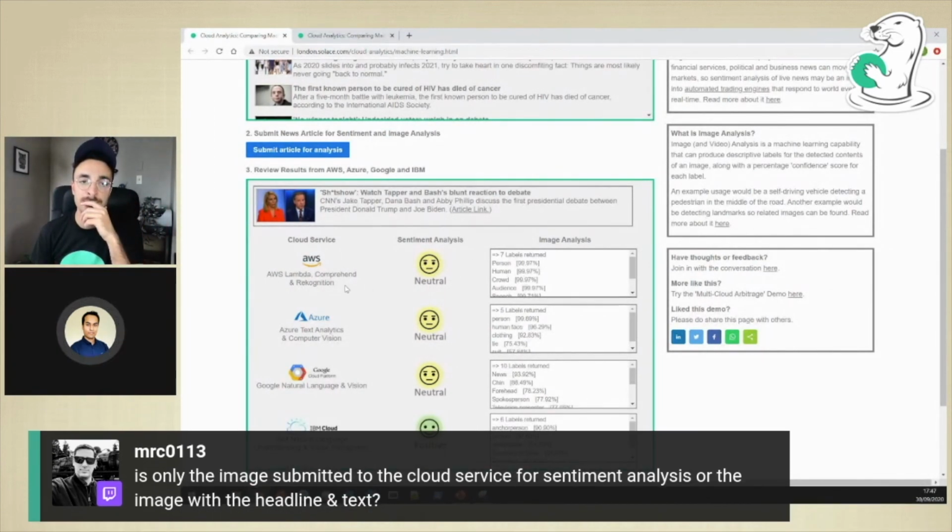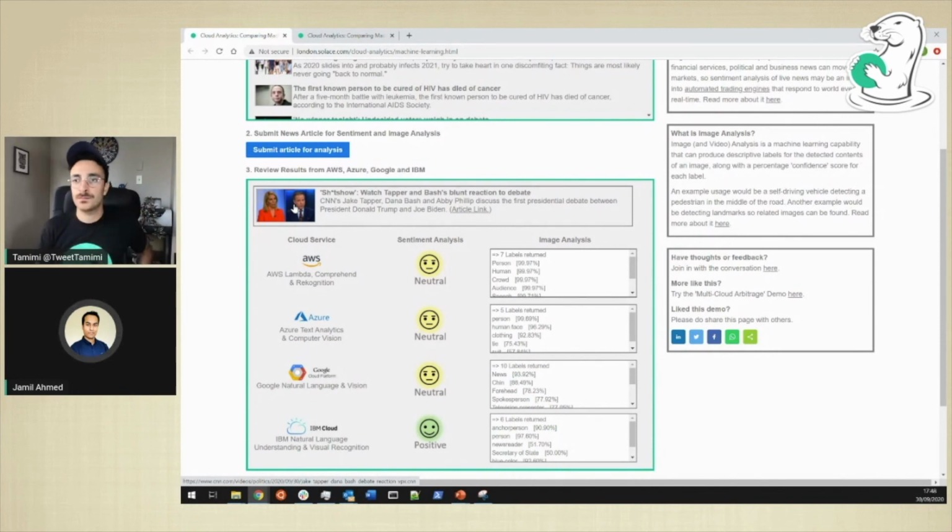So it's two different requests right now. Sentiment analysis is just looking at text. That's all it does. And the image itself from the attached article is being submitted to the image analysis side. Now you could blend it further, which I think is a good point, where you could get the labels back and then maybe submit that again to sentiment analysis to see what the image was describing.